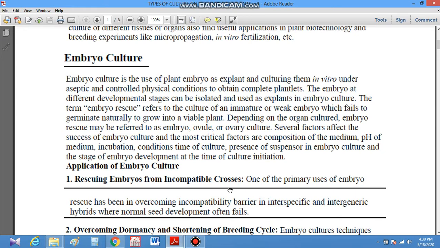The embryo in a distant cross is removed before abortion and cultured in nutrient medium. This technique has been used to make interspecific hybridization successful in Lycopersicon, and intergeneric crosses are made in Hordeum, Triticum and Aegilops, etc.